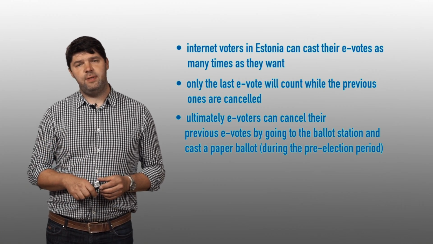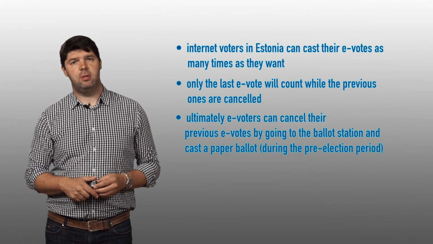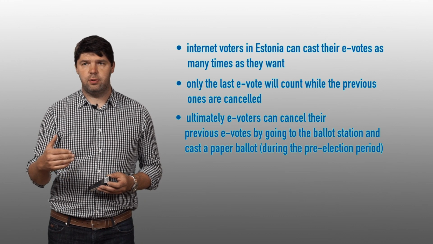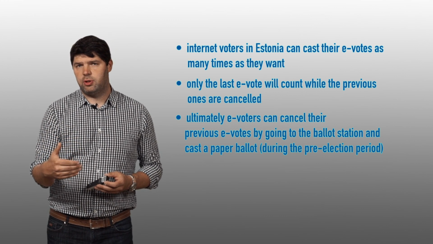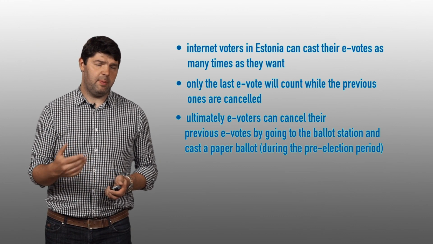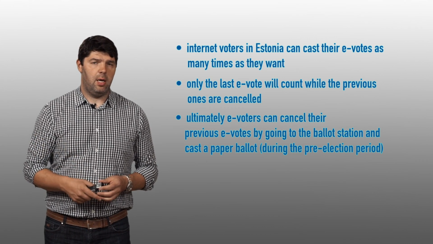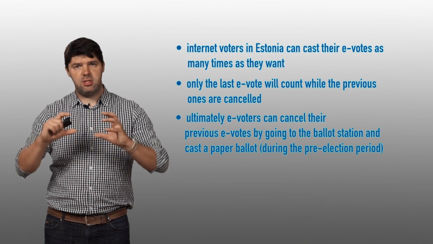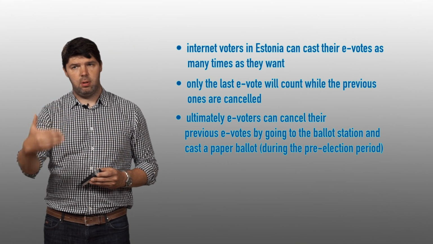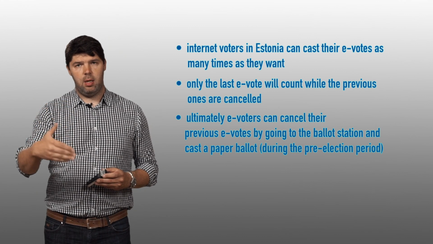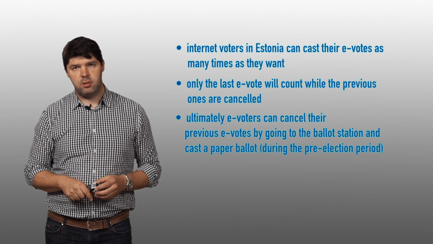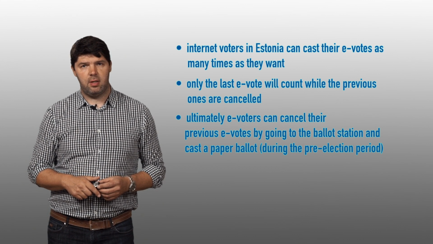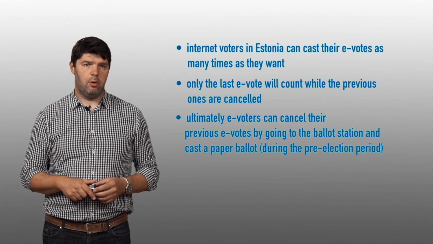From the log files, we have seen, and we have a special video section on that actually, that only a minority of voters vote more than 2 times or 3 times or 4 times. So really people mostly vote 1 or 2 times. But as an institutional safeguard, multiple recasting of e-votes is really at the heart of ensuring that the votes are not being coerced or bought.